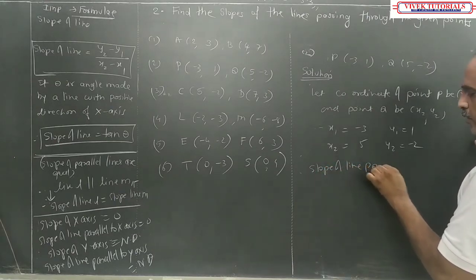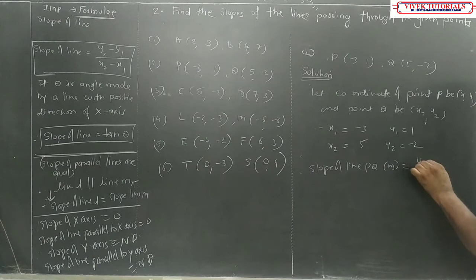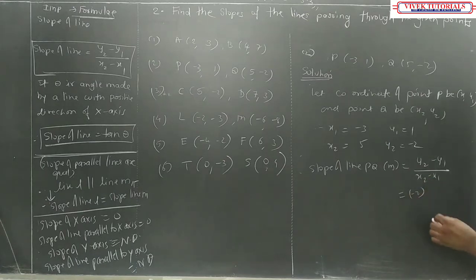line PQ is equal to (y2 minus y1) upon (x2 minus x1). y2 is nothing but -2 and y1 is 1, upon x2, which is 5, minus x1, which is -3.